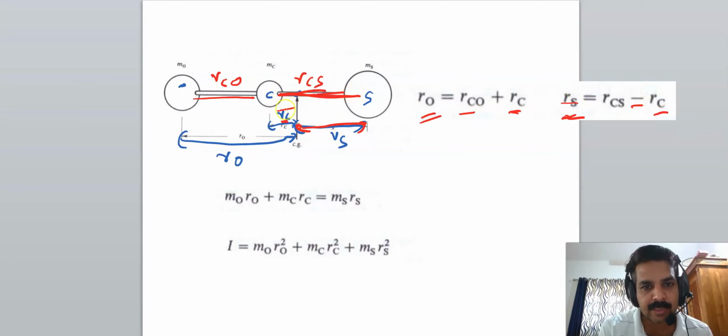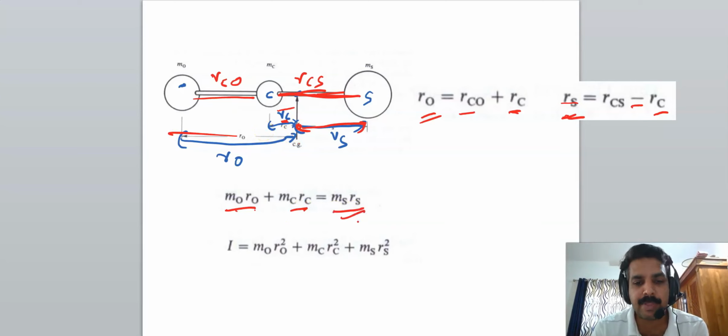By balancing the moments, we can write MO RO, where MO is the mass of oxygen and RO is the distance from the oxygen to the center of mass, plus MC RC, equal to the other side, that is MS RS. And the moment of inertia I is equal to MO RO square plus MC RC square plus MS RS square.